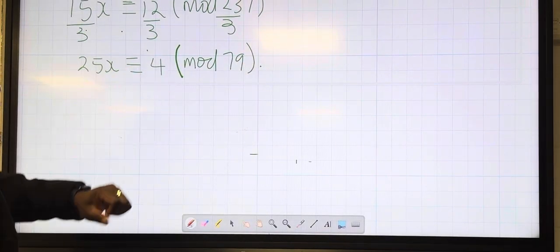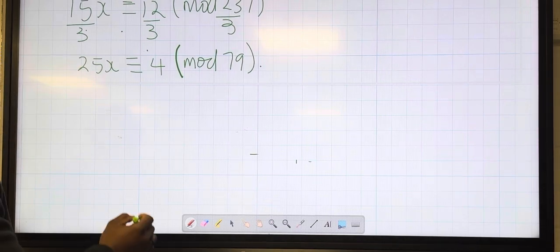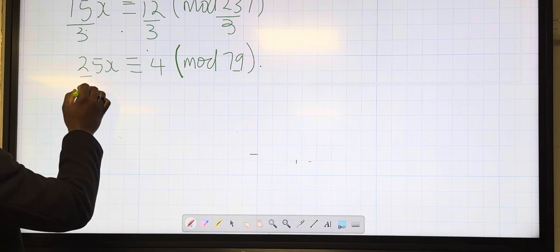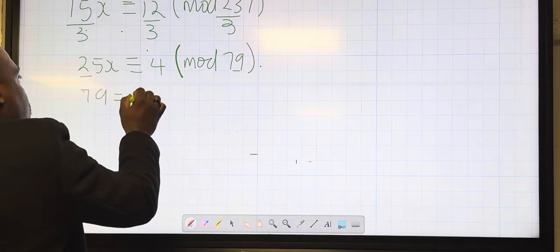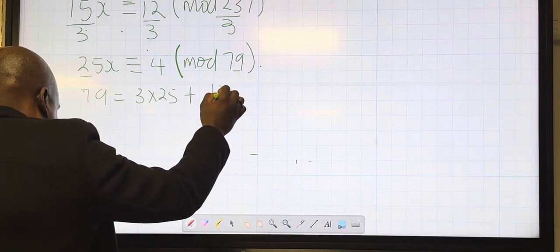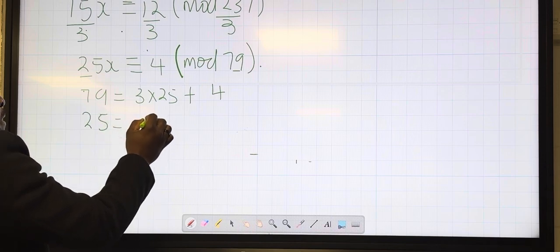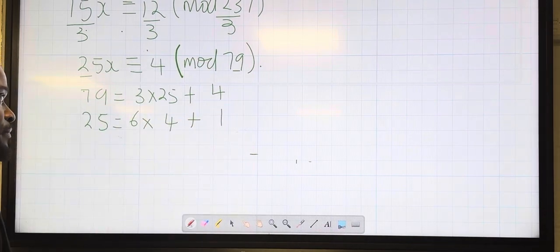As a result, now we move forward, we redo the Euclidean algorithm again, where we look at 79 and 25. So 79 can be split as 3 times 25, that's 75, plus 4 as the remainder. And 25 can be split as how many 4s are there? 6 plus 1.